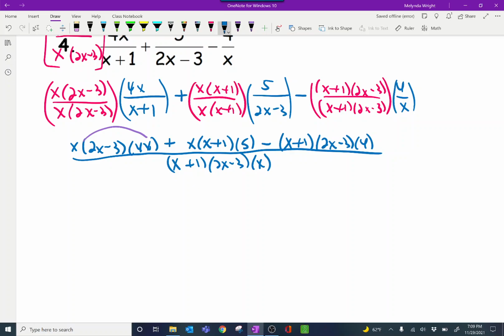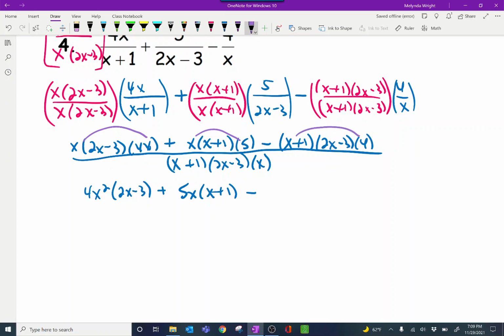So I've got 4x squared times 2x minus 3. Okay, we got a little bit done. And let's multiply these two together. So it gives me 5x times x plus 1. Okay, got that. And then I'm just picking the easiest things to multiply together.